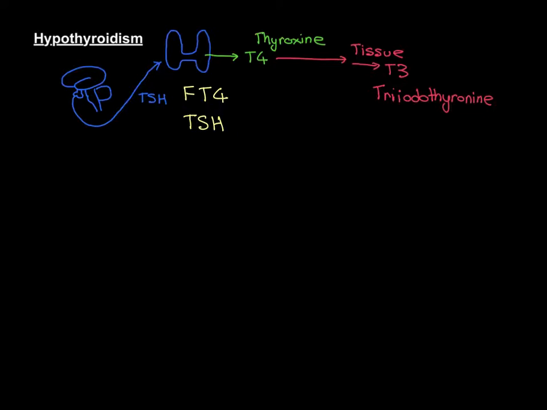And that's the really important level to measure, because the free stuff is the stuff that's actually available to go into cells and be converted into T3 and then actually take effect. So the normal range for free T4 is usually said to be between 9 and 18 picomolar, pM. So pico is 10 to the negative 12, so it's 1,000 times less than nano.